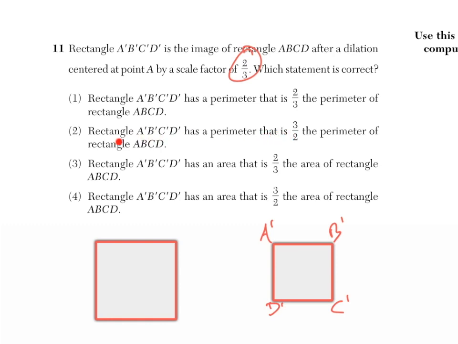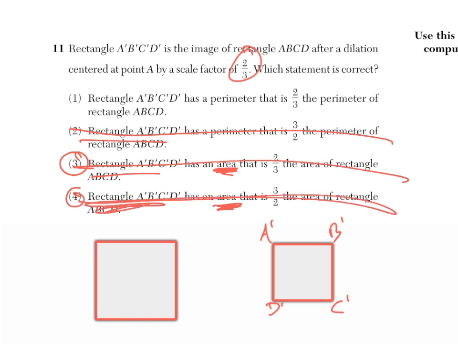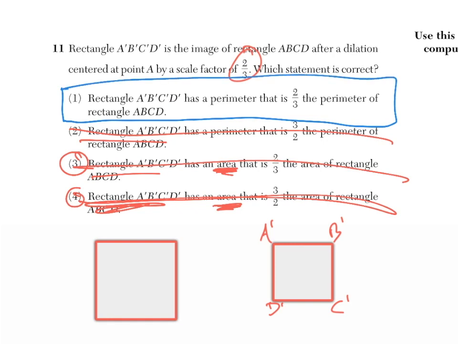Here I noticed that it says the same thing except the perimeter has a scale factor of 3/2. No, that's not true. We can eliminate that. When we take a look at option number 3, it says that it has an area that is 2/3. Nope, that doesn't work, nor does option 4 work, because likewise it has an area of 3/2 the area of the initial one. Nope. The correct answer is option 1, because rectangle A'B'C'D' has a perimeter that is 2/3 the perimeter of the original, or the pre-image.